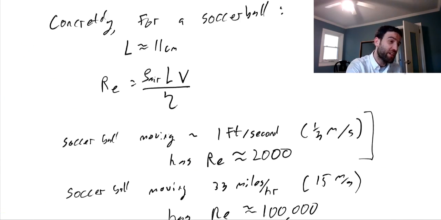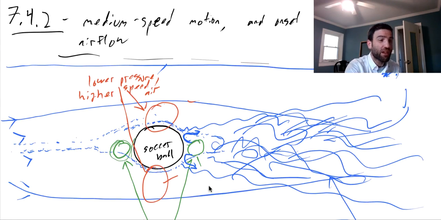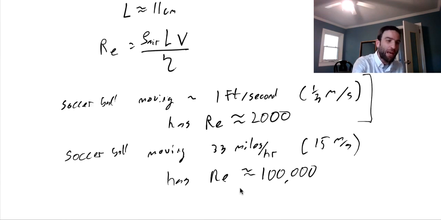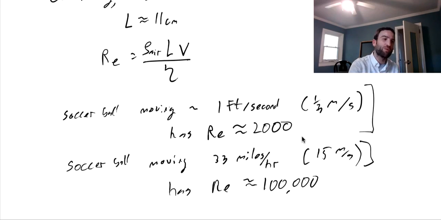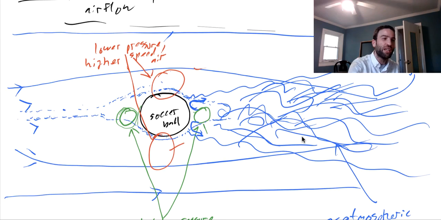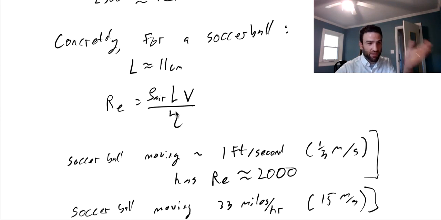And this intermediate region of speed, where you have laminar flow ahead of the ball and in a boundary layer around part of the ball, and then you're leaving this turbulent wake behind you, that happens a lot of the time. But even in soccer, it's not hard at all to kick a ball faster than 15 meters per second. In fact, professional athletes can kick a ball quite a lot faster than that. So that helps situate you that this medium speed region is definitely more important when we start playing sports, but it's easy to go even faster than is relevant here.